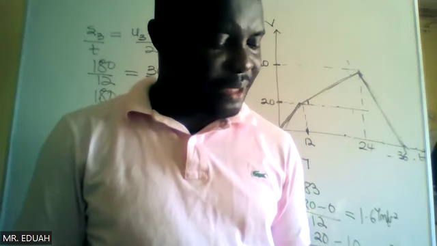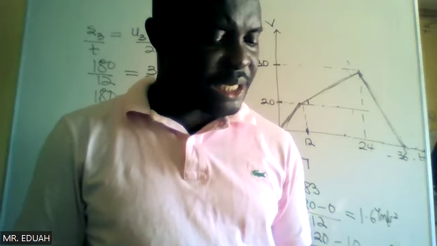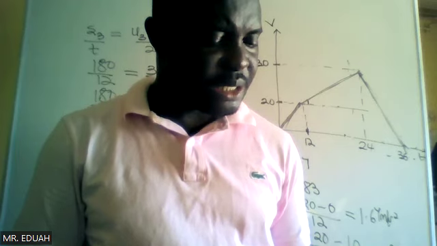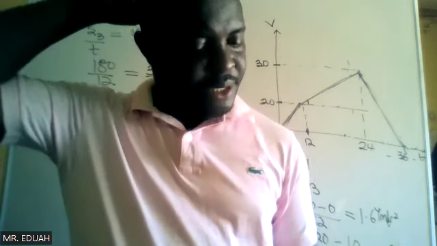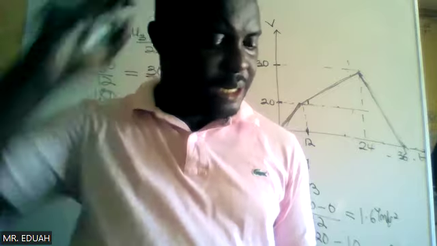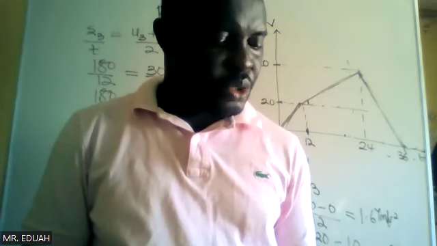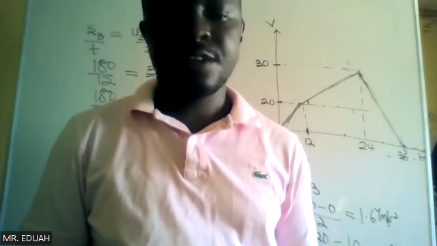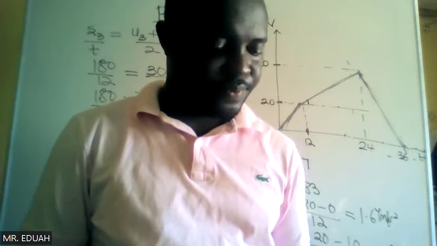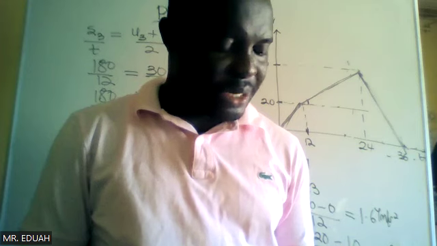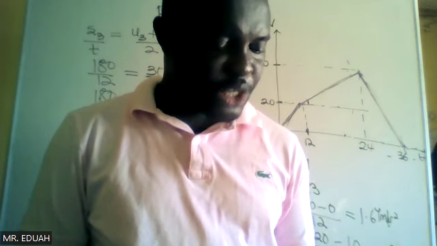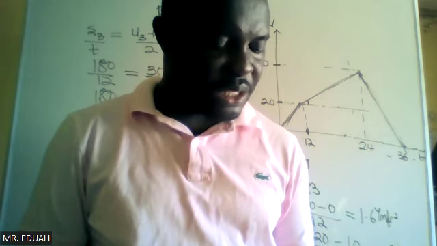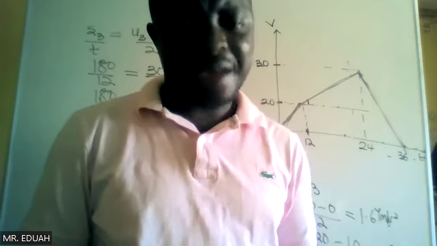Then II, the average retardation as the body is being brought to rest. Then III, total distance traveled during the first 50 seconds. Then IV, average speed during the same interval as in III.